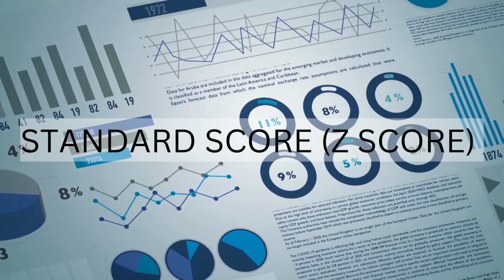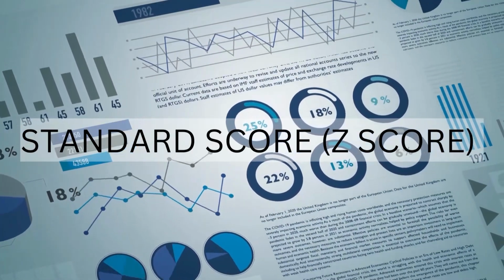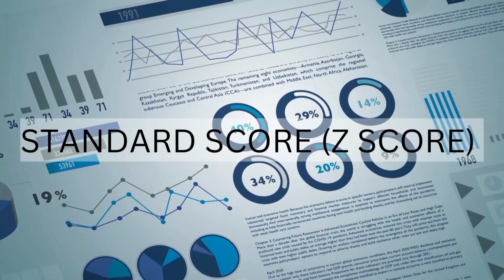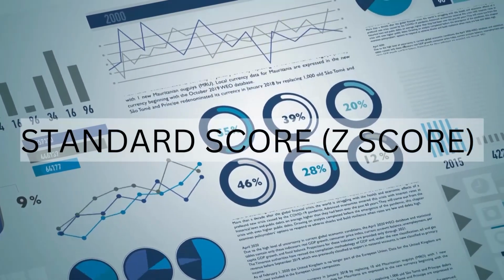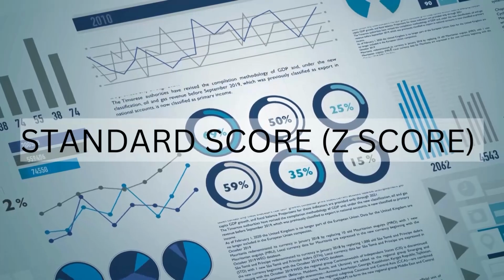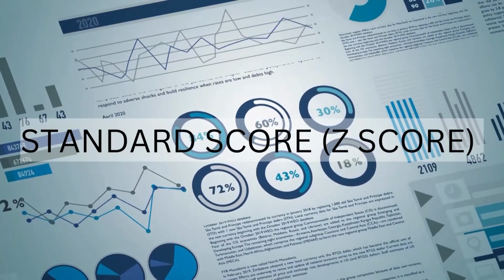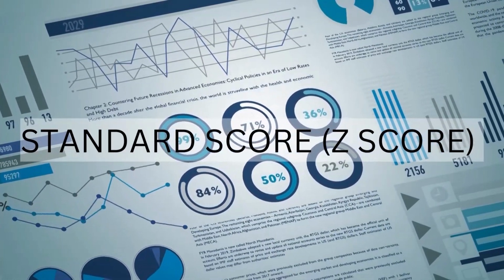And the Z-score communicates the score's distance from the mean in terms of how many standard deviations away it is. So, it represents the deviation from the actual mean, which may be above or below the mean score.